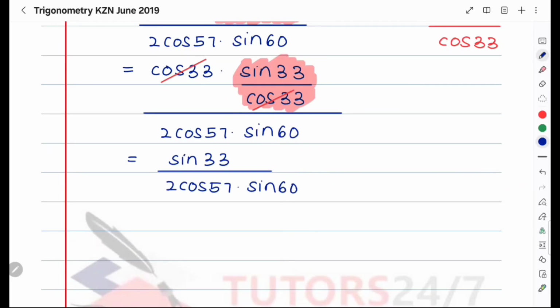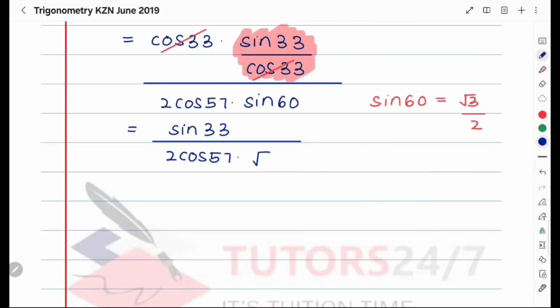Another thing to take note of is that sine 60 is a special angle. We can put this into our calculator, and sine 60 gives us the square root of 3 over 2.